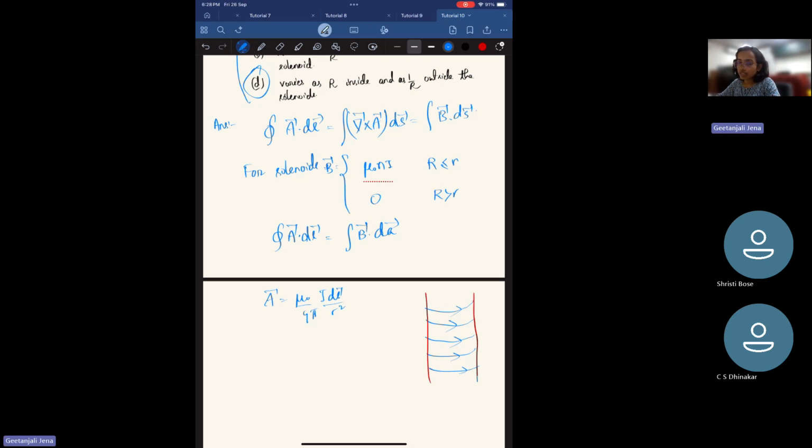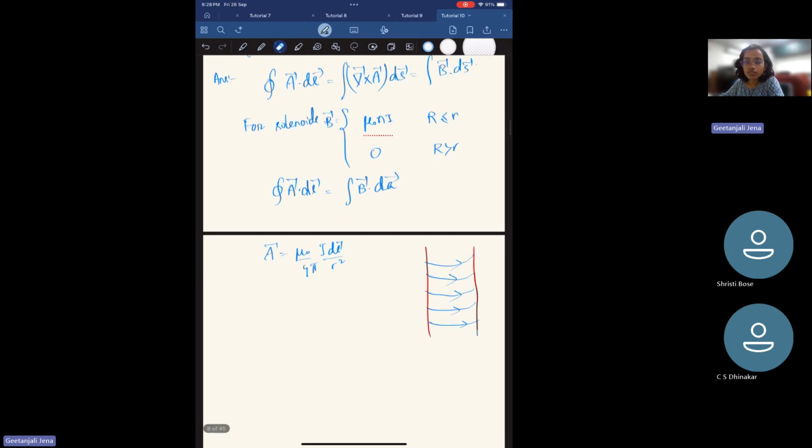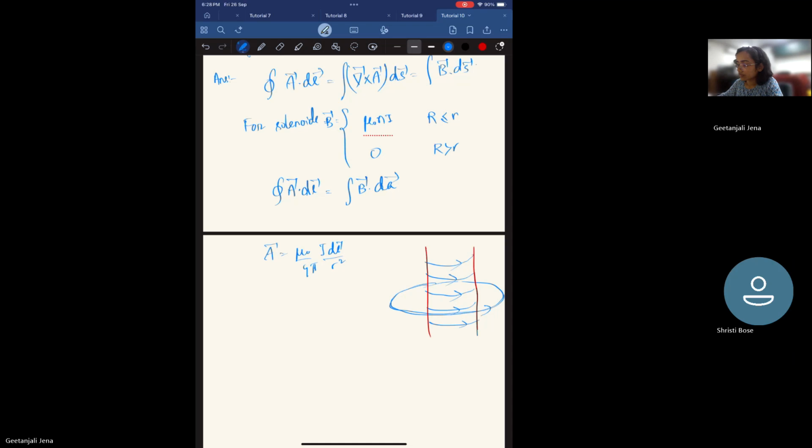Yes, you can also take it as perpendicular to B. But if you want to take an Amperian loop, you need to see what the direction of this vector potential is. For that, this is helpful. The vector potential is in the direction of current. So that means you can take an Amperian loop like this.